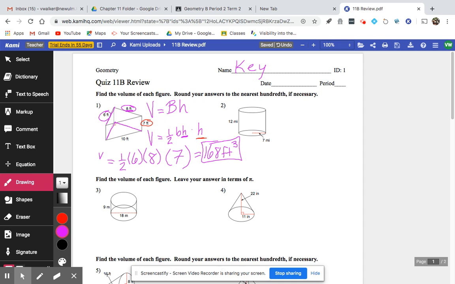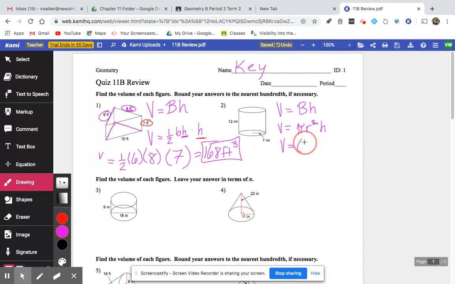Number 2, here we have a cylinder this time. Still the same formula. V equals capital B times H. Again, capital B represents the area of the base. The base is a circle this time. In the area of a circle, we call that pi r squared. So pi r squared times H. Here my radius is 7.